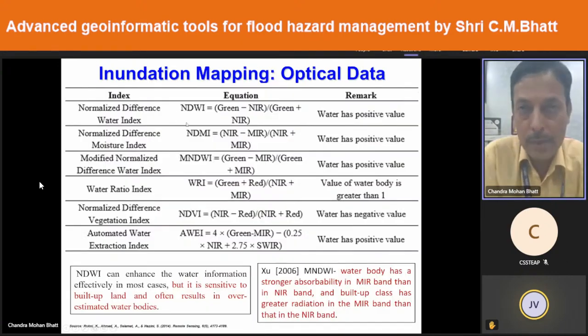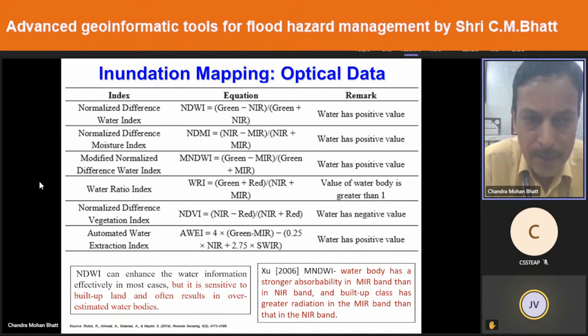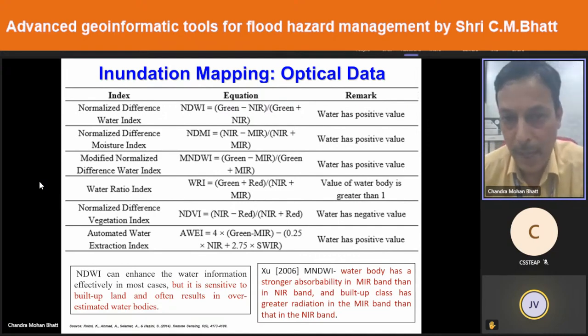So once you are able to identify the water in different bands, there are different techniques to classify or map the data. Either you do it visually, or you do it digitally by using different indices like NDWI, the normalized difference water index, which takes a ratio between the green and the NIR, where water has a higher reflectance in green and very little in NIR.